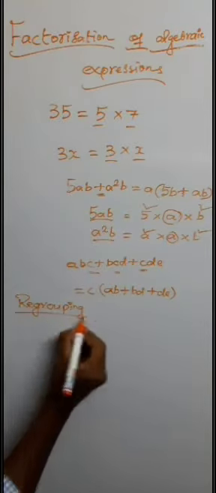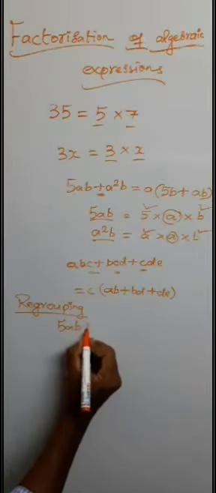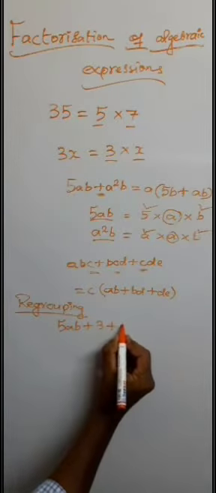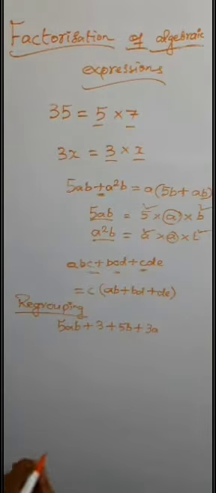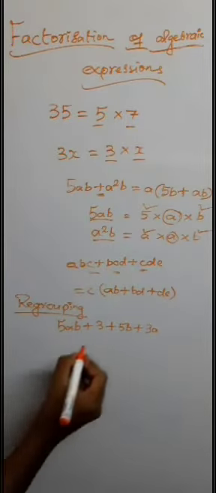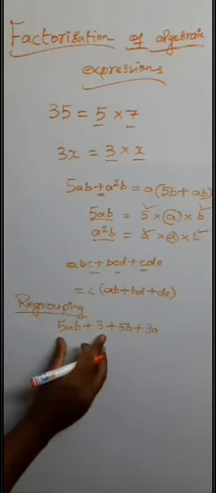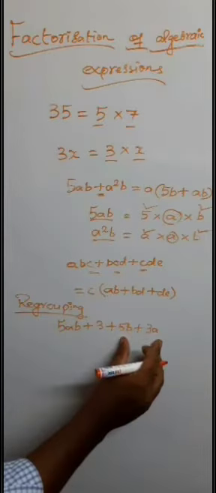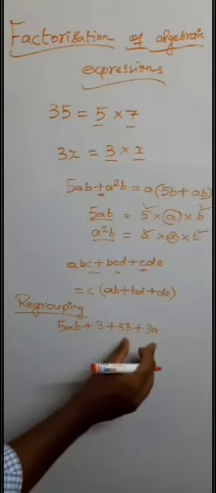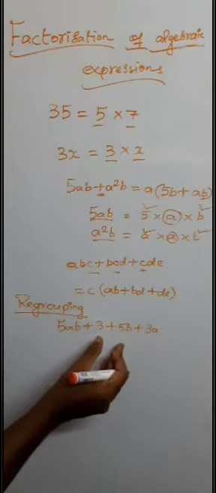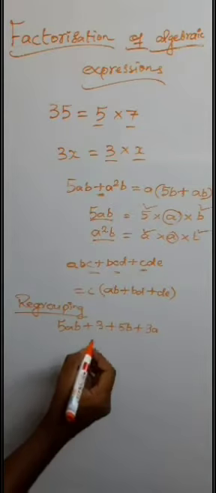Let us see an example. 5ab plus 3 plus 5b plus 3a. Now there is no common factor between first two terms and there is no common factor between next two terms also. Now we should regroup it to get a common factor between them.